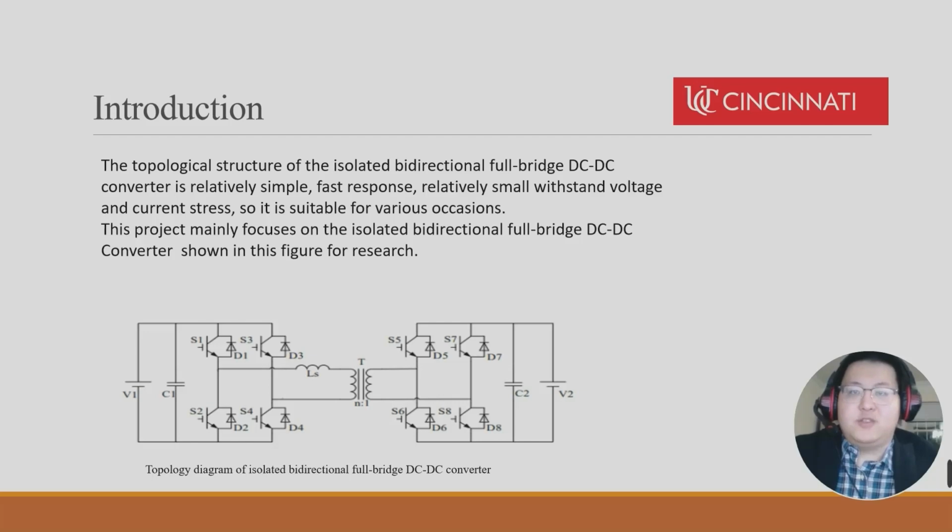Its topological structure is relatively simple, with fast response and relatively small withstand voltage and current stress, so it is suitable for various occasions. This project mainly focuses on the isolated bidirectional full-bridge DC-DC converter shown in this figure for research.